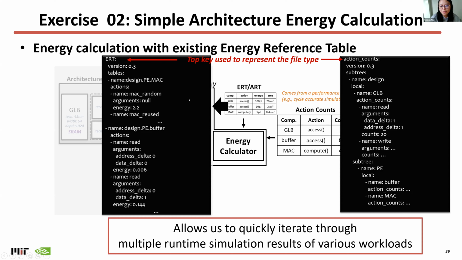In this case, in order to avoid generating the same ERT every time, Accelergy is able to identify that once provided with an ERT, it will not parse the architecture and correlate external energy estimation again and again for the same ERT. It will use the ERT provided directly and combine it with the action counts to save energy estimation overhead. So we can also quickly show how that works.